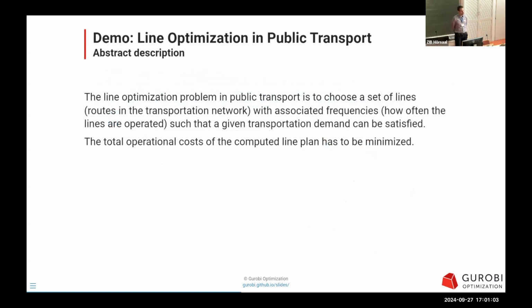But now let's look at maybe a bit of a more involved demo: line optimization for public transport networks. So here you want to come up with the cheapest, I guess cheapest in the sense of operational cost, line plan that satisfies your demand in a certain city or network, where you have certain public transport lines operating at certain costs.